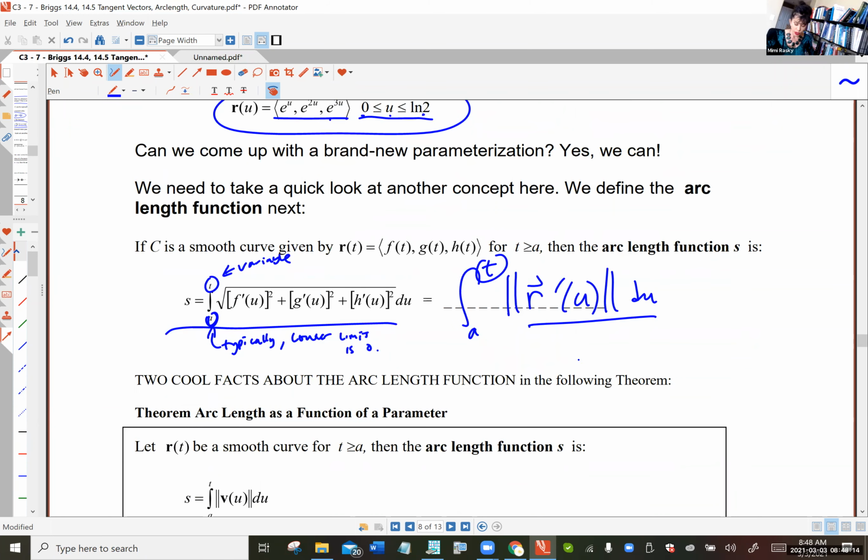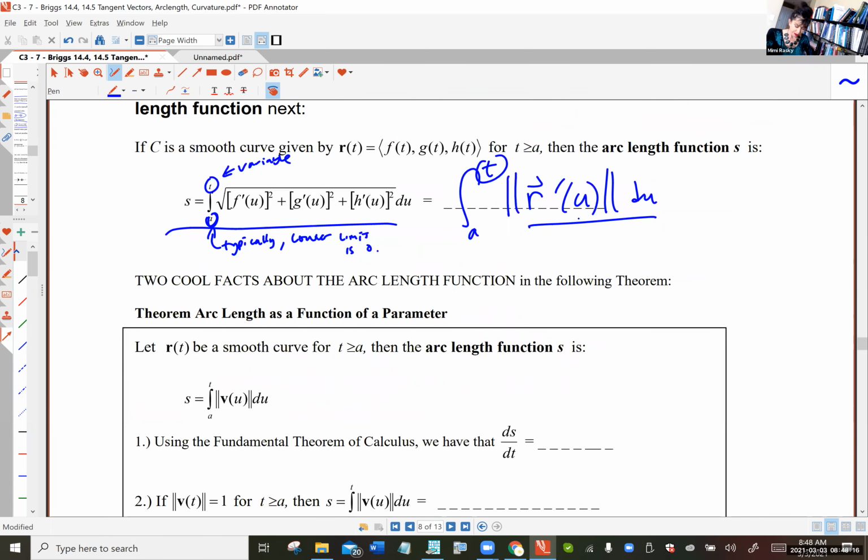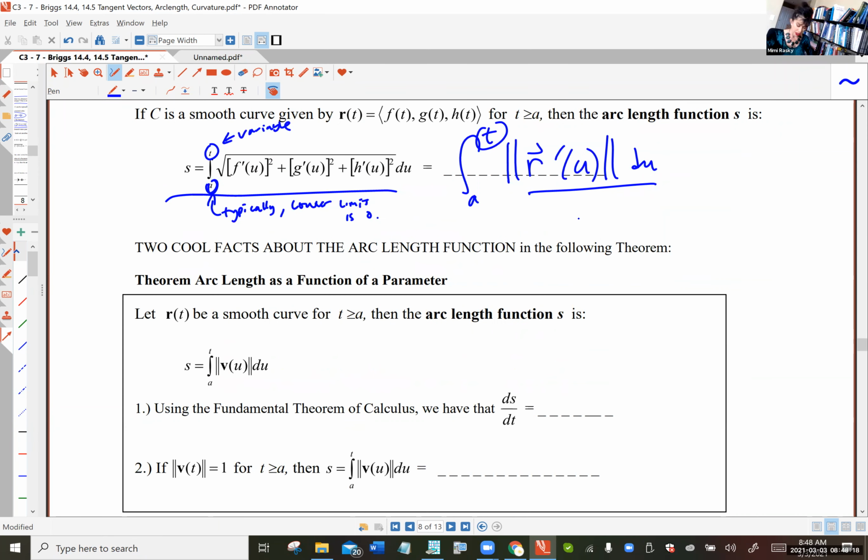Okay, so what about this arc length function? Two cool facts. Here's the arc length function. It is a function. In other words, s of t is going to equal that integral.